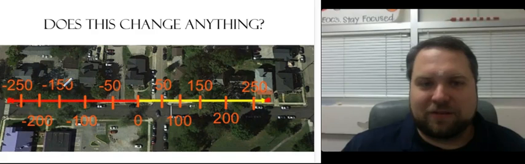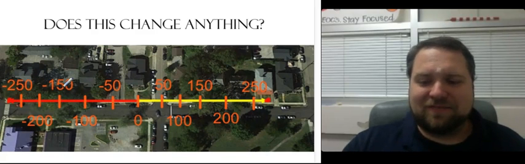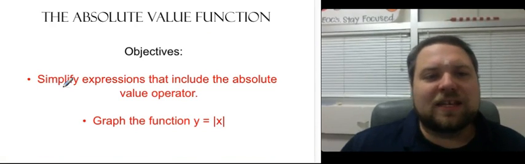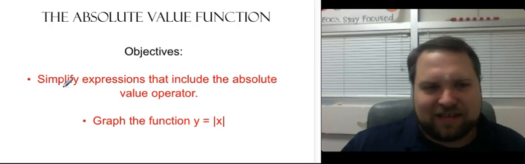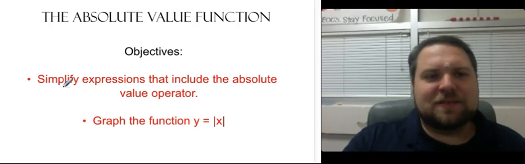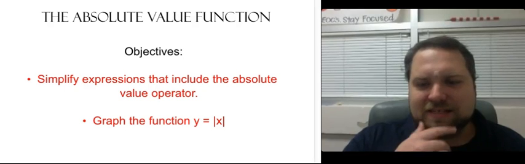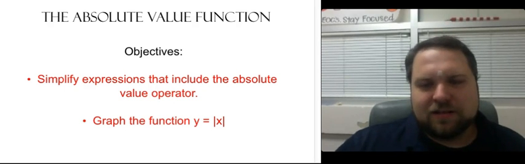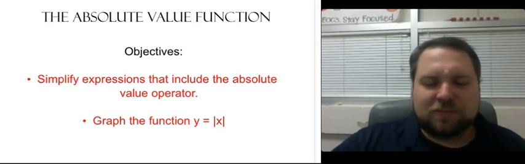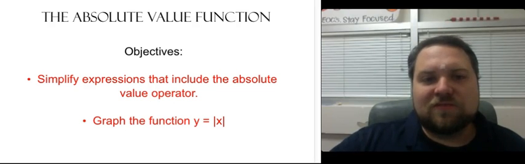And here's where we're going with this, because I can hear you being confused in your mind. We're looking at something called the absolute value function. And the absolute value function is a new operator. And when I say operator, I mean just like multiplication, division, subtraction, addition. This is just a new one of those.